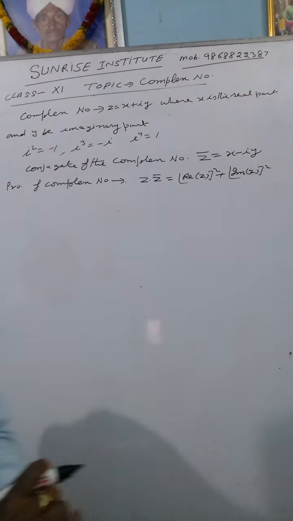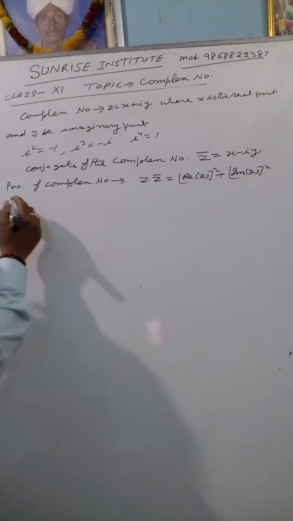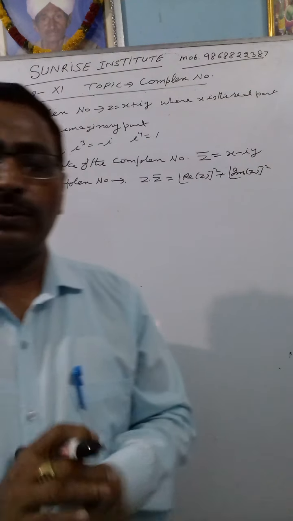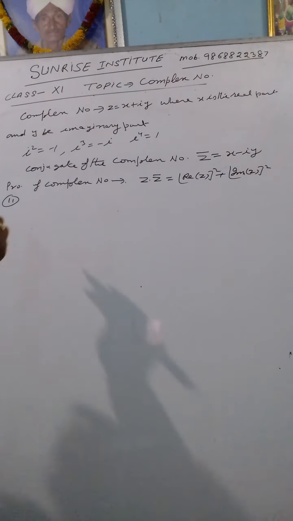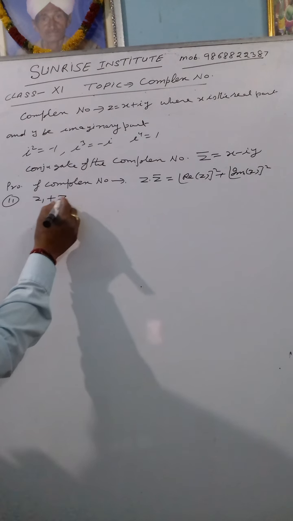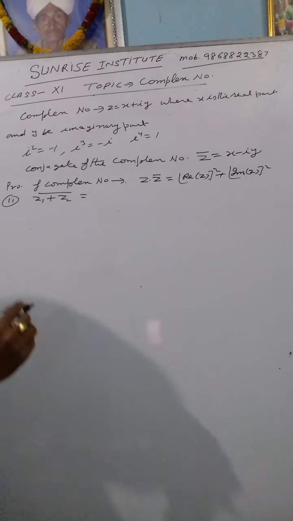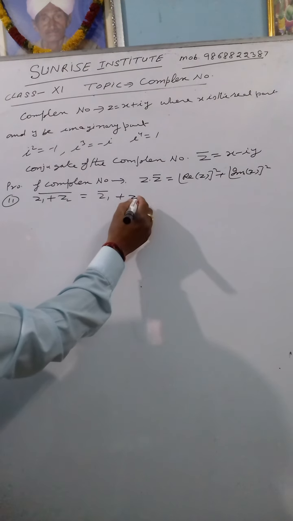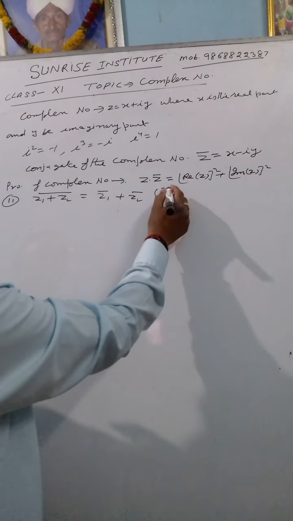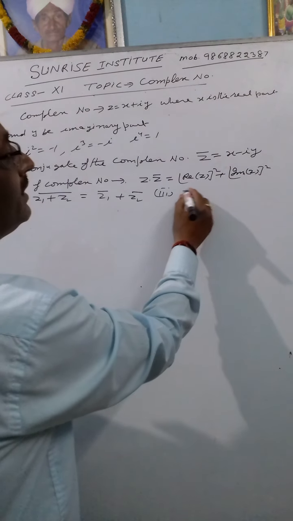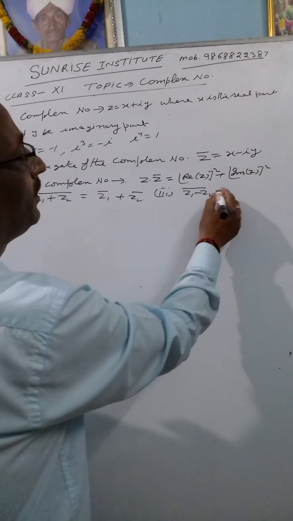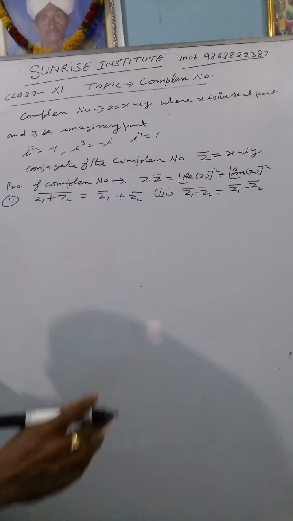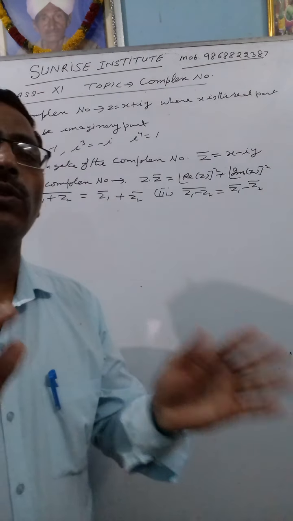Secondly, the conjugate of z1 plus z2 is conjugate of z1 plus conjugate of z2. Number 3, the conjugate of z1 minus z2 is conjugate of z1 minus conjugate of z2. Okay students, that is the property of conjugate.